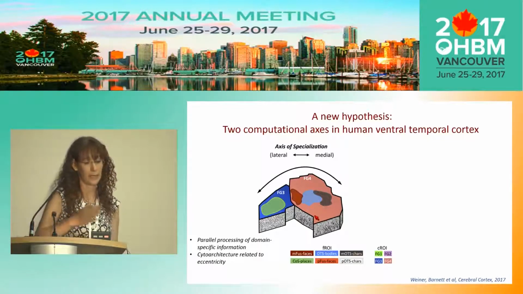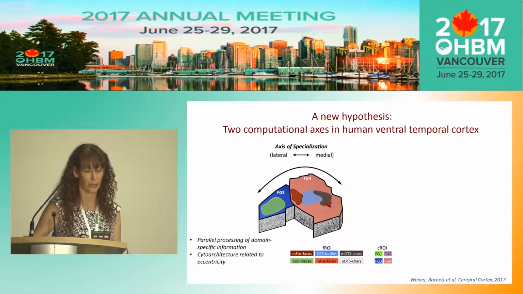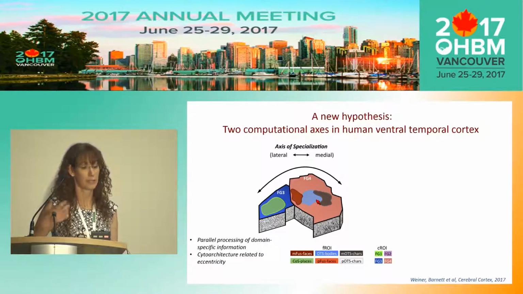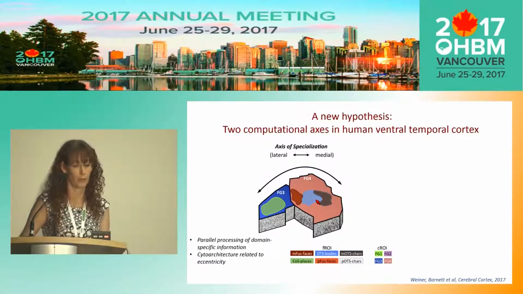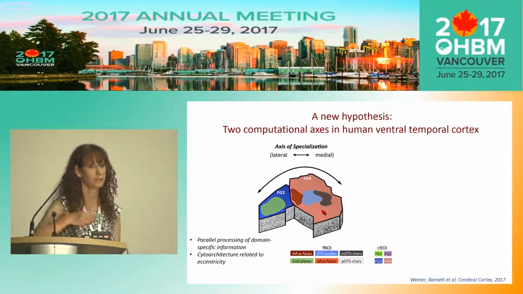And we think that why some regions are in the same cytoarchitectonic area has to do with foveal versus peripheral computation. So face and word processing use foveal vision, whereas place processing uses peripheral vision.